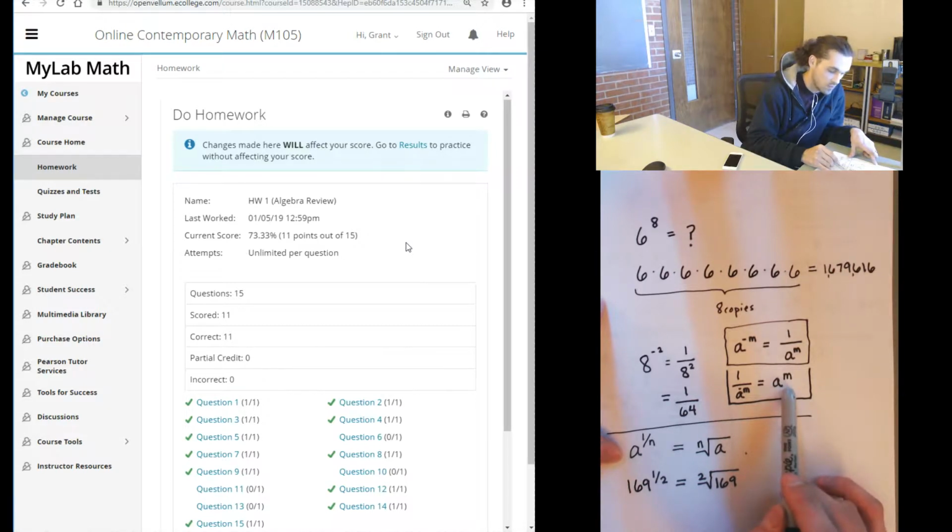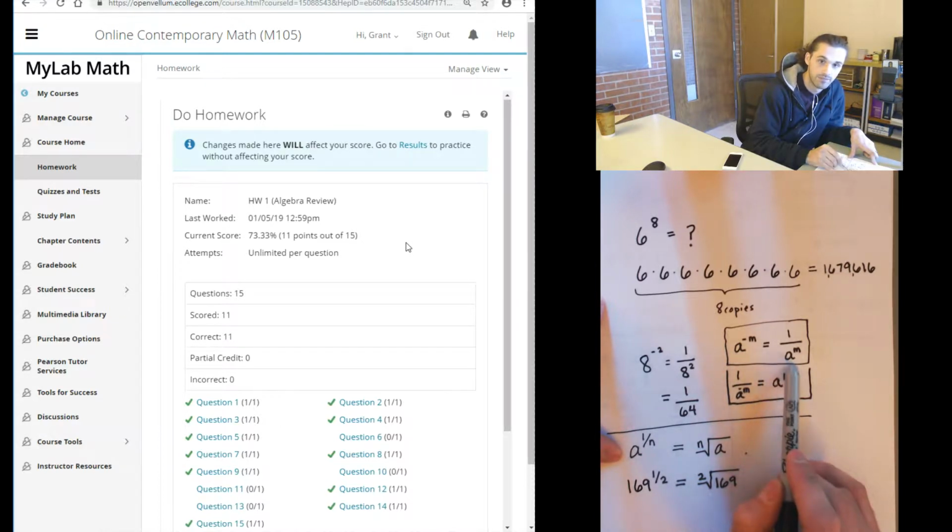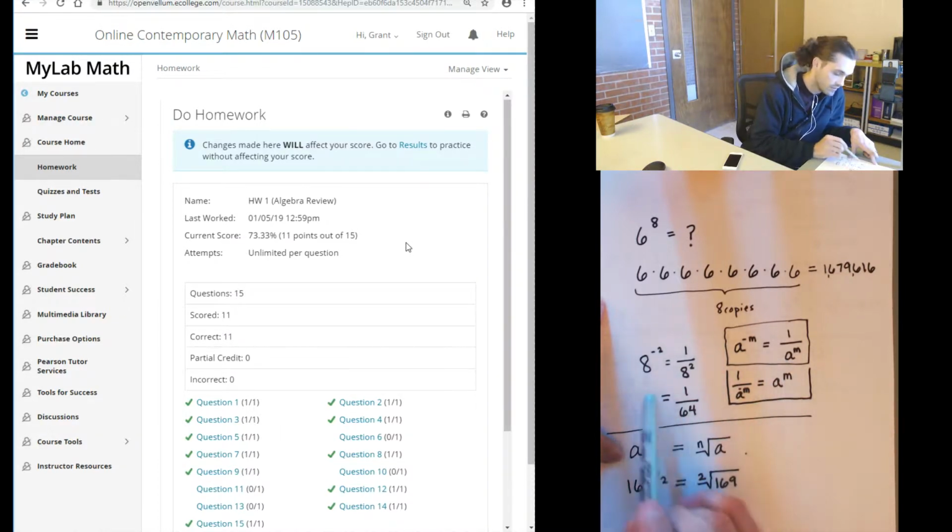Contrast that with if you have a negative exponent in the numerator, it says send it to the denominator and make it positive. So when you're looking at something like 8 raised to the negative 2, that's 8 to the 2 in the denominator position. 8 raised to the 2 is 8 times 8, which is 64. So 8 to the negative 2 is 1 over 8 to the 2, which is 1 over 64.